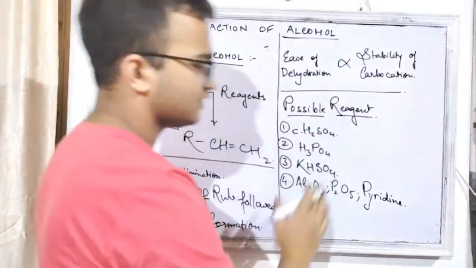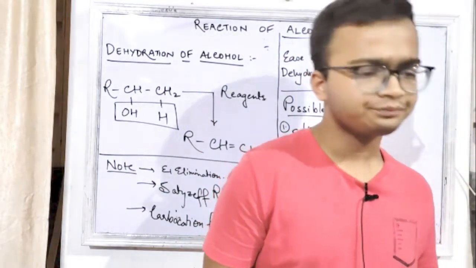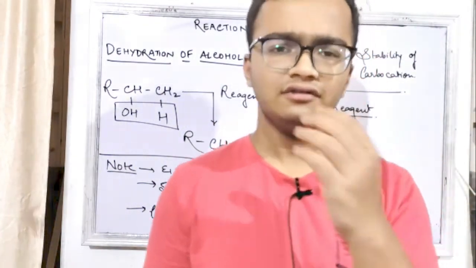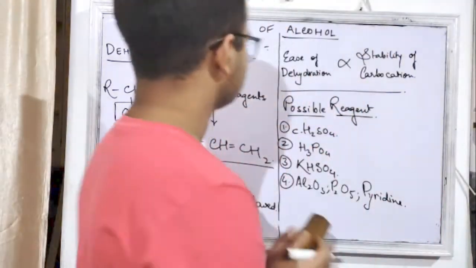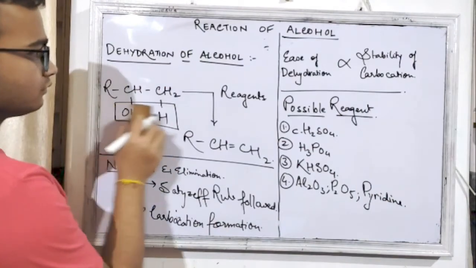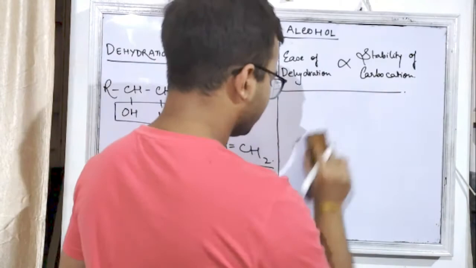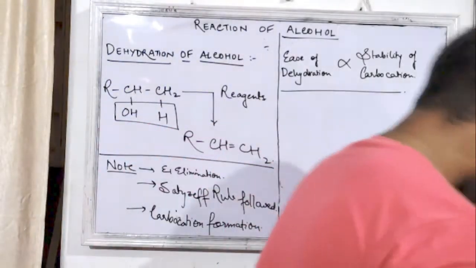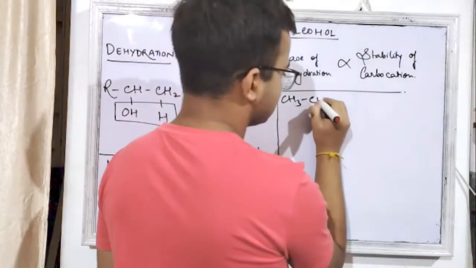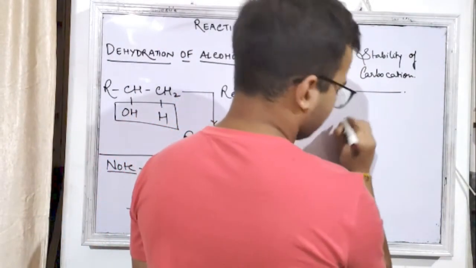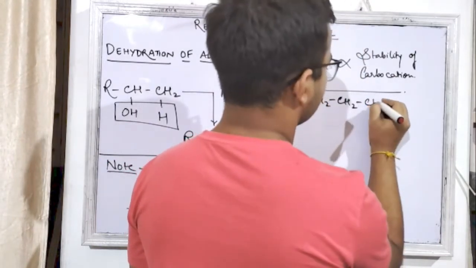Now we will understand this entire thing with the help of an example where I give you a question, and you have to tell me the product, the minor product and the major product. Let's erase this portion. My question is: we take CH3, CH2, another CH2, and here you take CH2OH.